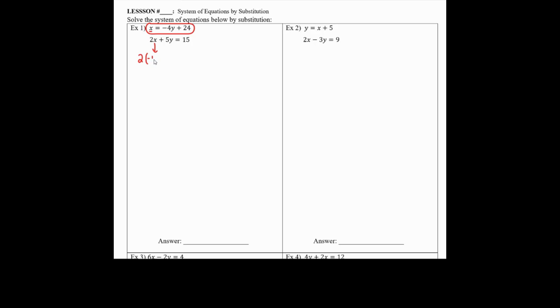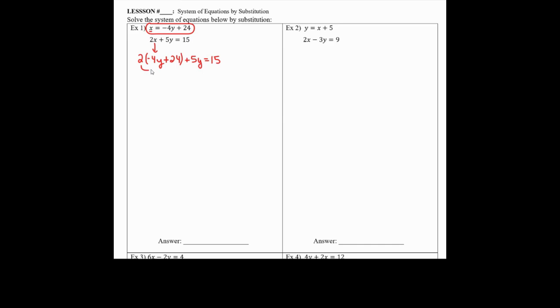So this would be negative 4y plus 24. And then I continue copying, plus 5y equals 15. Now I'm going to solve the equation.